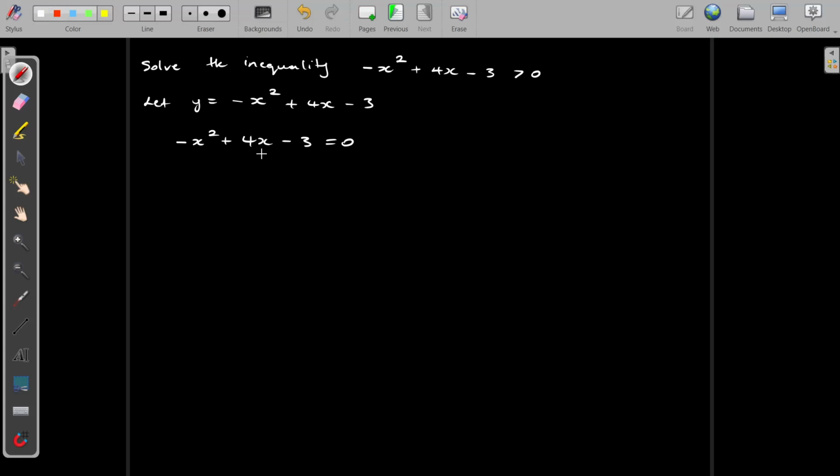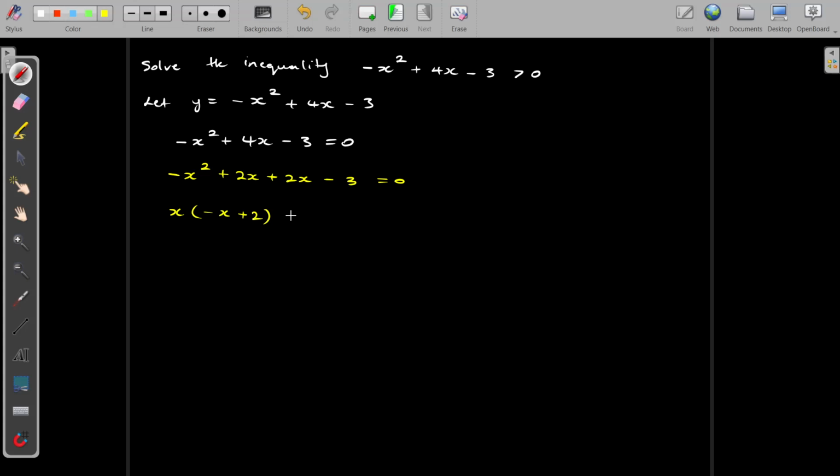So using AC method, what's this? That's positive 4. So that's 2 and 2. Minus 3 is equal to 0. So if we factor x, we get negative x plus 2.